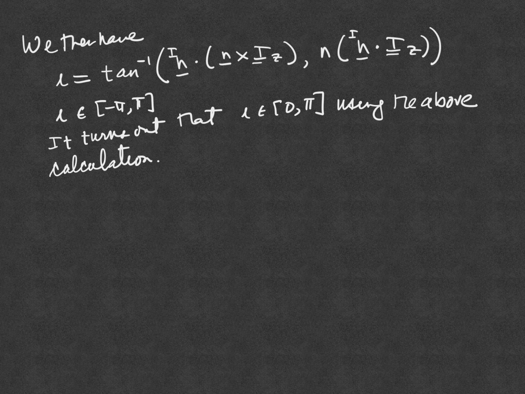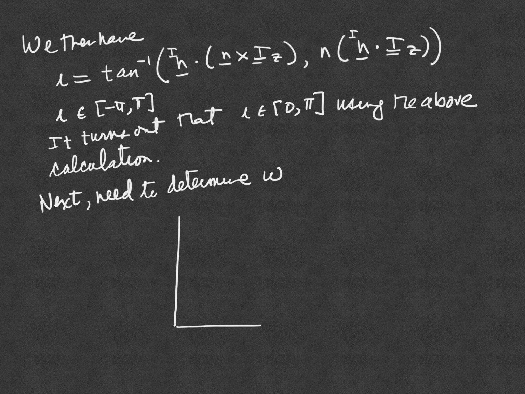So the last of these three Euler angles is we need to compute the argument of periapsis. So the argument of the periapsis is computed as follows. We know that the argument of periapsis is the angle between E and N. So here's N, and here's E. So that's the argument of the periapsis.